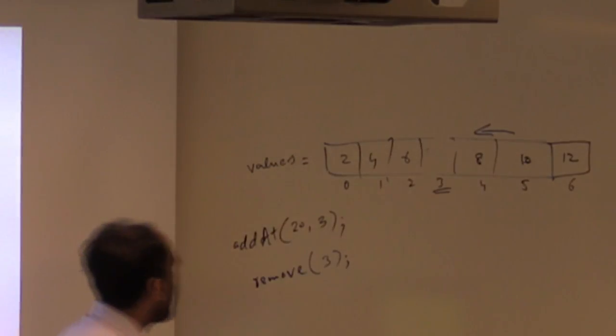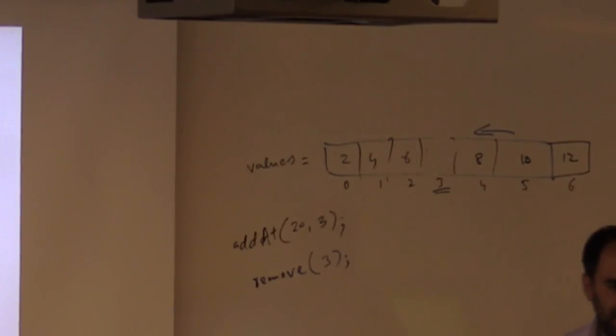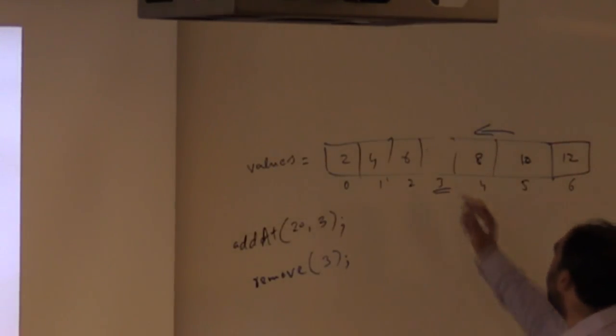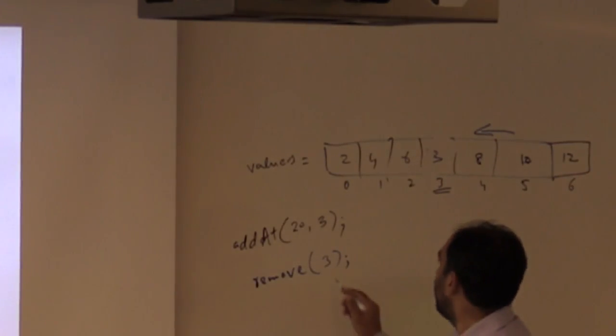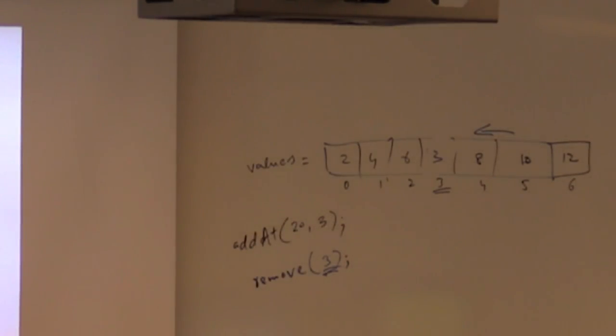For example, if the index is 3, then in this variable the value is 3, and we initialize I with the index. So in this case the value of I will be 3, okay?